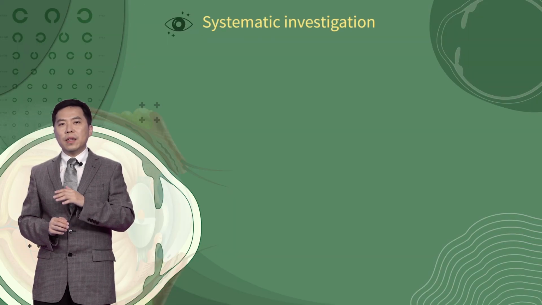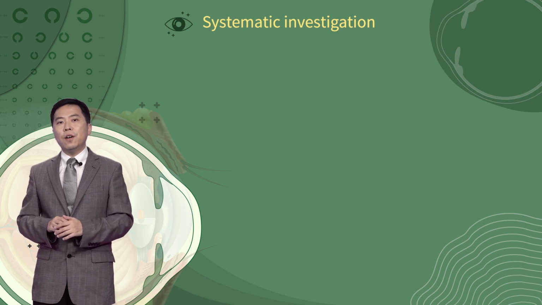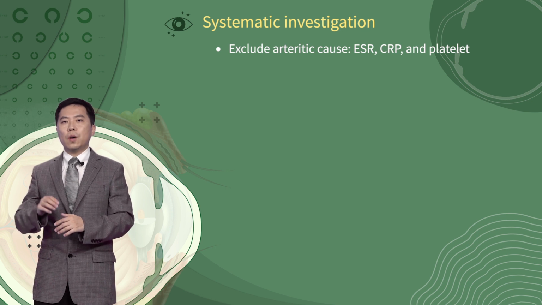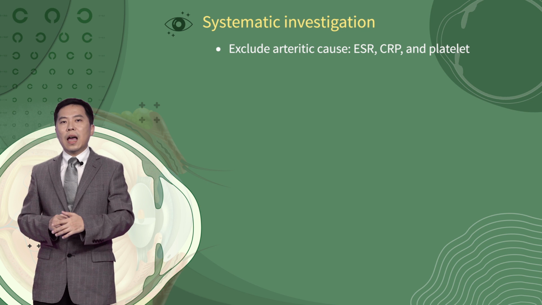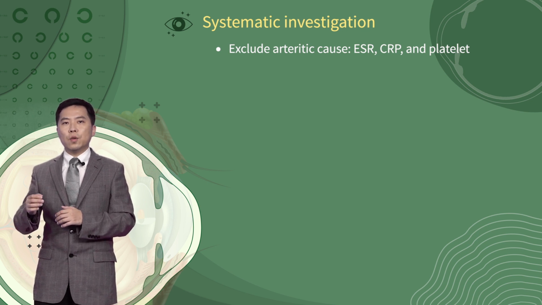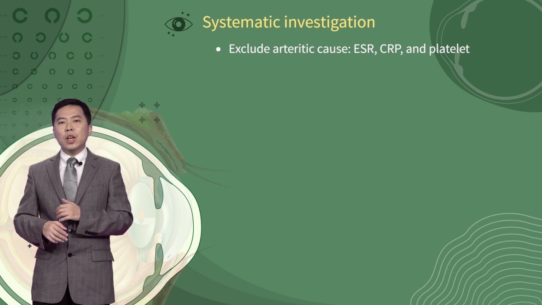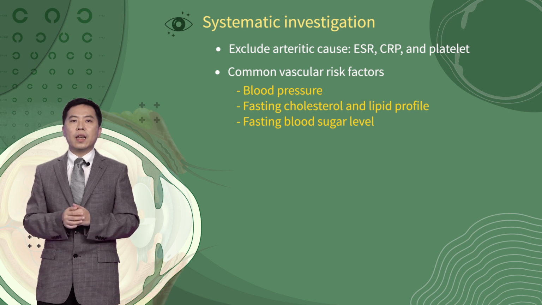RAO shares many risk factors with other vascular diseases. Therefore, a systemic investigation should be performed to identify these factors. ESR, CRP, and platelet counting should be performed to exclude arteritis. Blood pressure, glucose, and lipid profiles should be tracked.